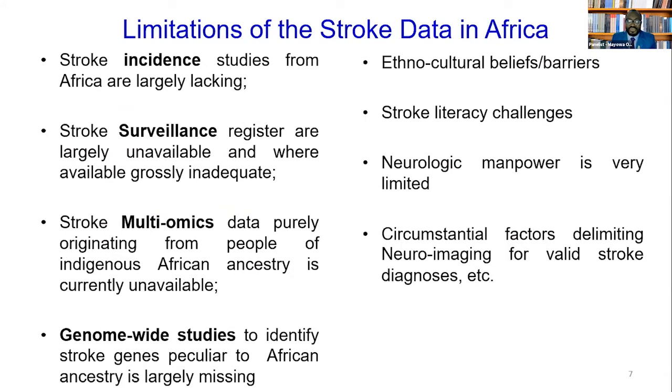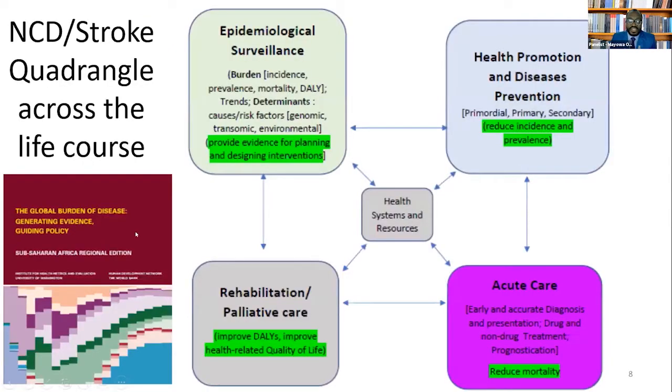These are needed to be able to characterize and quantify the contributions of genetic, multi-omic, and environmental risk factors to the propensity for developing stroke and other cardiovascular diseases on the African continent. It is only by so doing that we can indeed come up with policy statements or interventions that can help turn the tide of non-communicable diseases on the African continent.